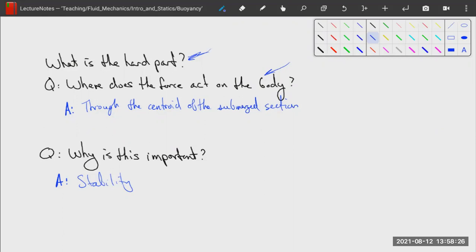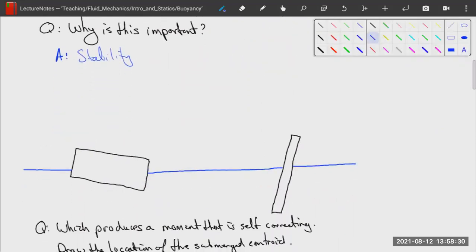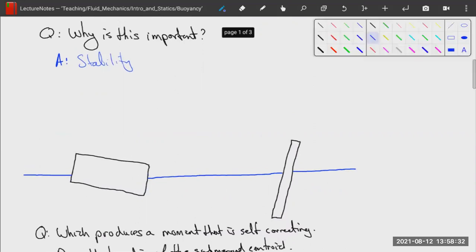Let's look at what that looks like here when we have two objects. The important part to remember is that we have essentially two forces acting on a boat. It's more when the boat's moving, but this is fluid statics. So we have weight and we have buoyant force.